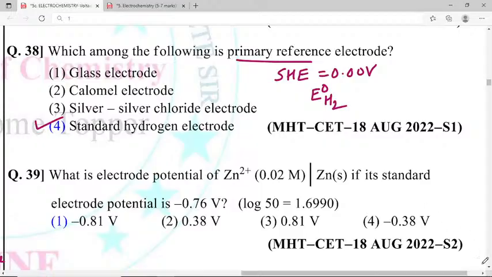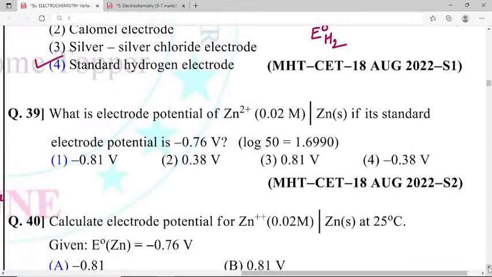What is the electrode potential of Zn2+? The concentration is 0.002 and its standard electrode potential is minus 0.76, log 2 is 0.3010. So how to calculate? Again by using the Nernst equation.